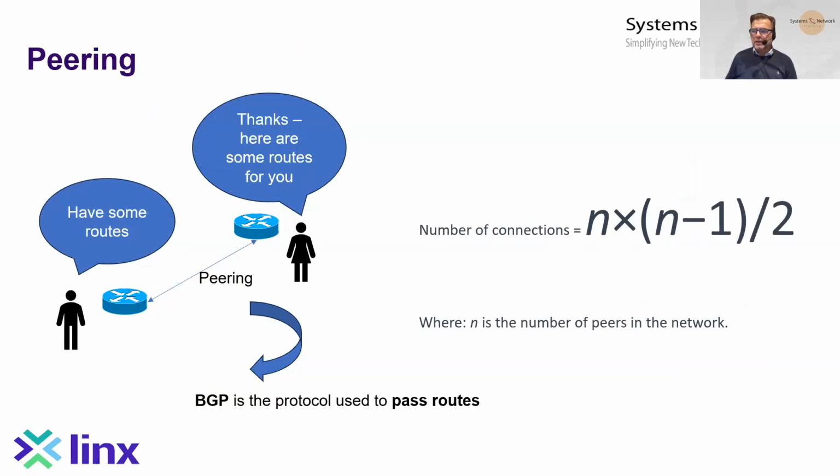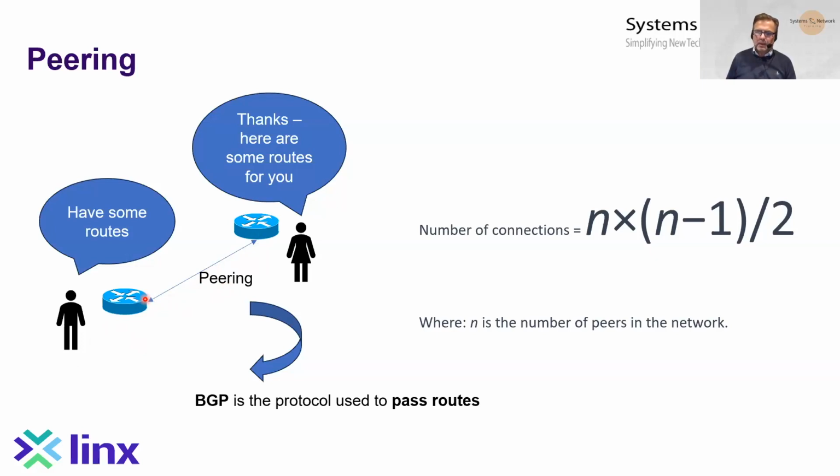The peering is a communication session between those routers of the different organizations. And the point about doing this peering is that you want to pass on routing or networking information to allow the data packets, the communications between devices across the internet, to flow.